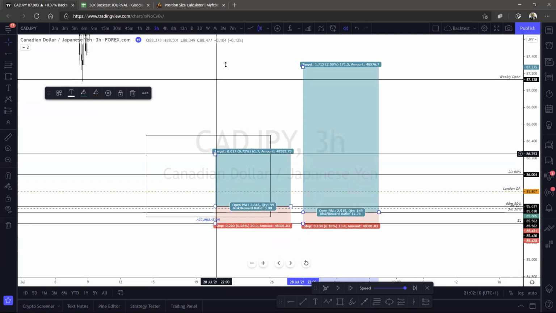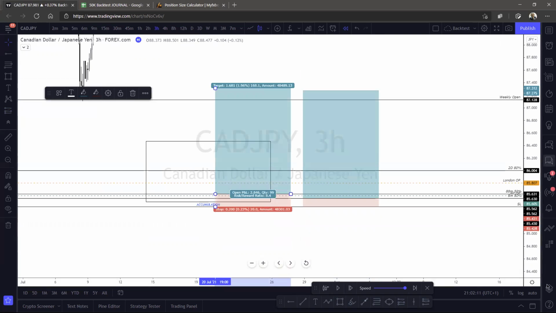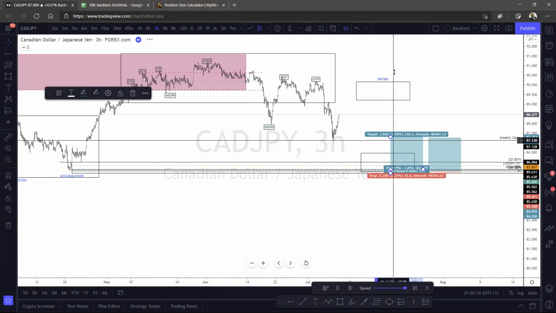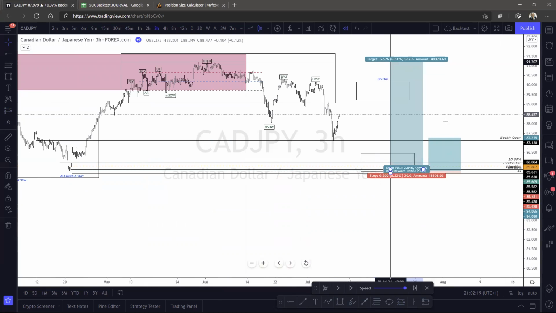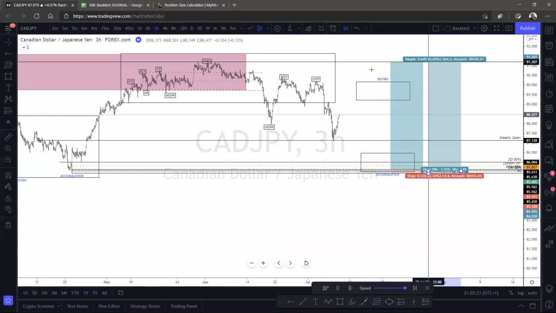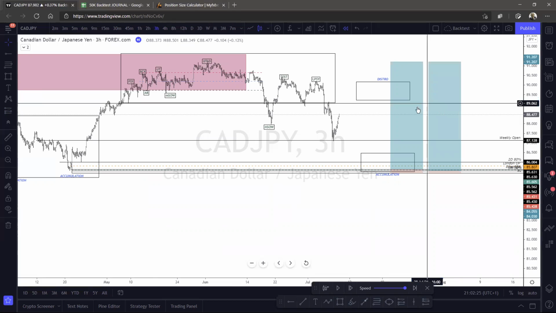And we'll be looking to make a new high, pushing this new high here. 1 to 42, 1 to 27.